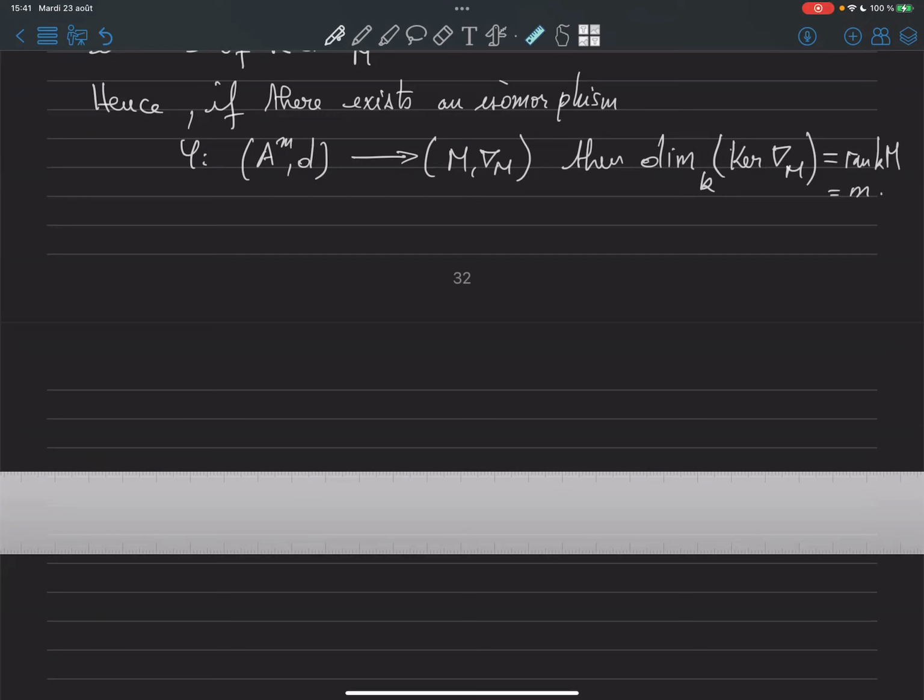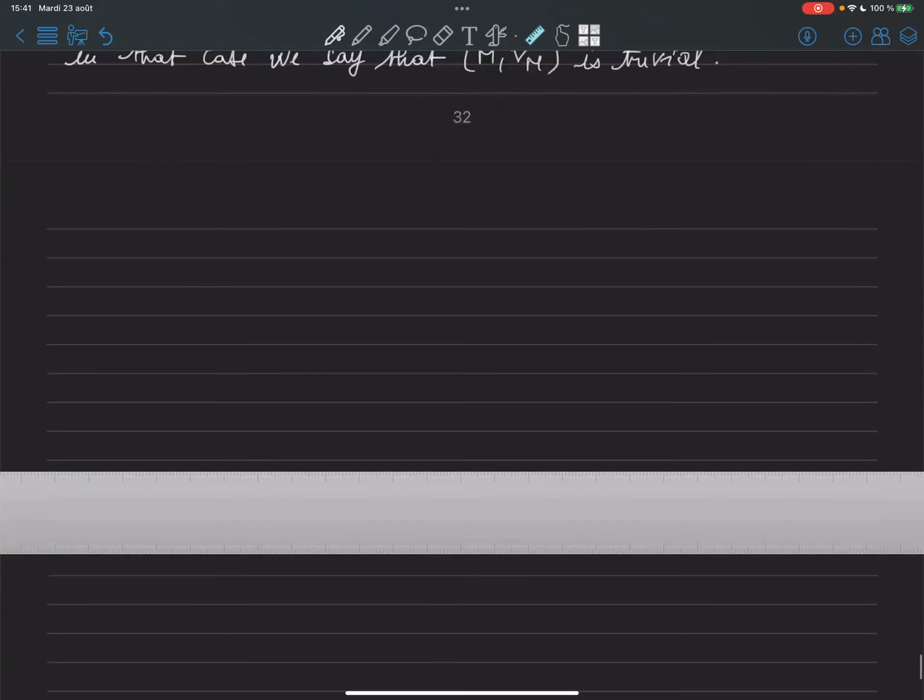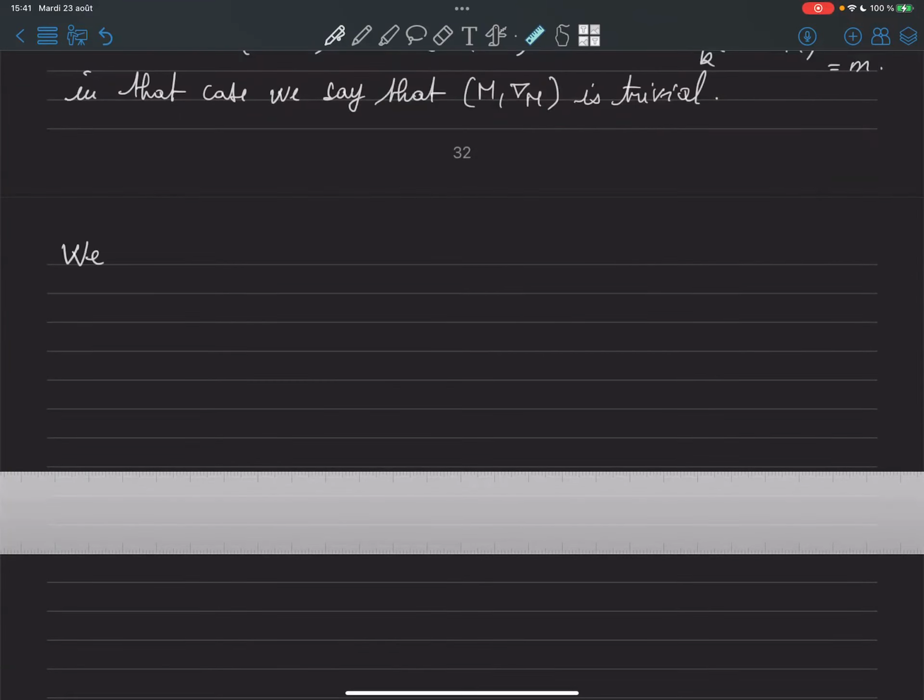It means the same thing: there exists an isomorphism between these two spaces. I will just give a notation, and after I will explain where this notation comes from.